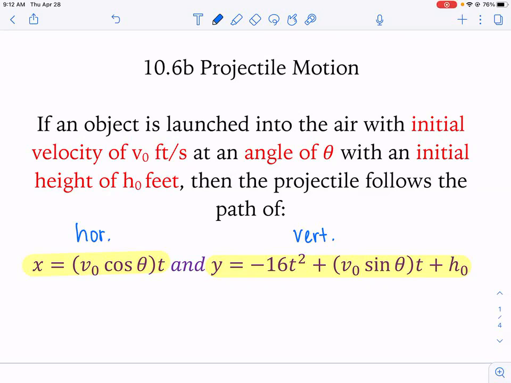If I ask you for when, that refers to what? Time. If I ask when does this happen, we're solving for t. How far? That would be solving for x. How high? That would be solving for y. So we need to separate out that x is horizontal, y is vertical.